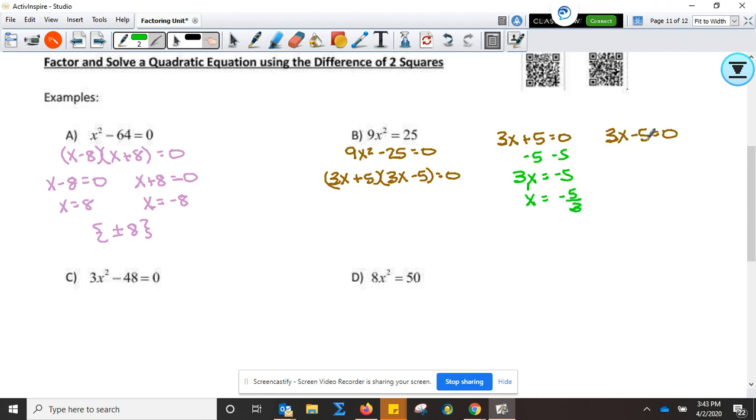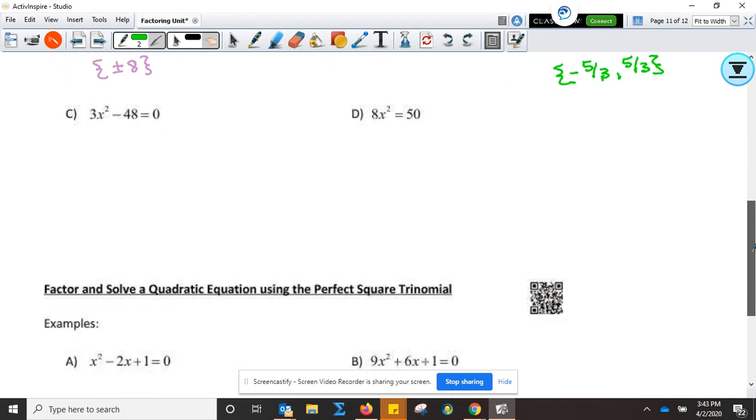It's the exact same thing, but it's different signs. So it's going to be x equals 5/3. Because we add 5 over, 3x equals 5, divided by 3. So your solution would be negative 5/3, comma, 5/3. All right, try C and D.